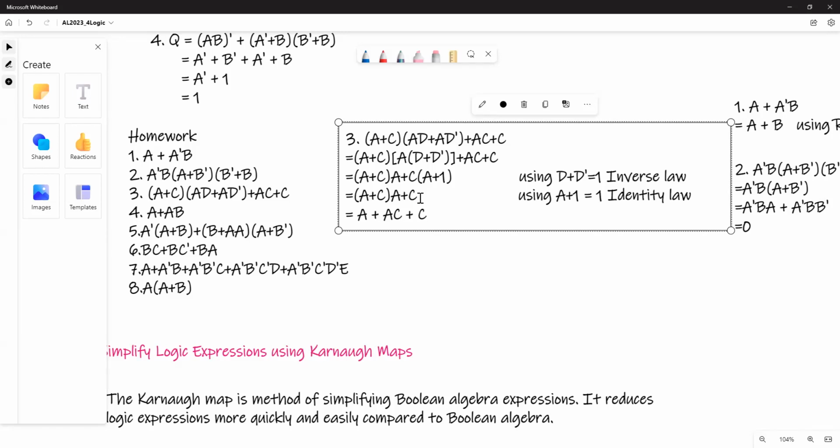So you can either take A out or C out, not both. Take one term at a time.